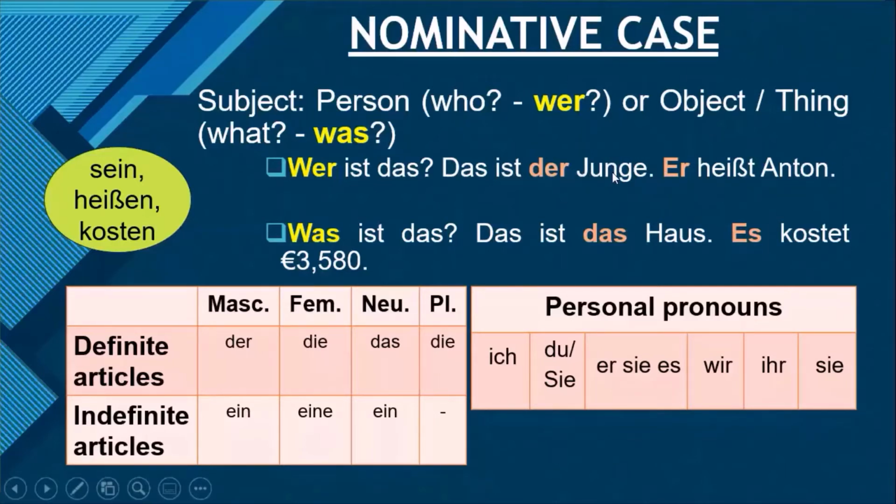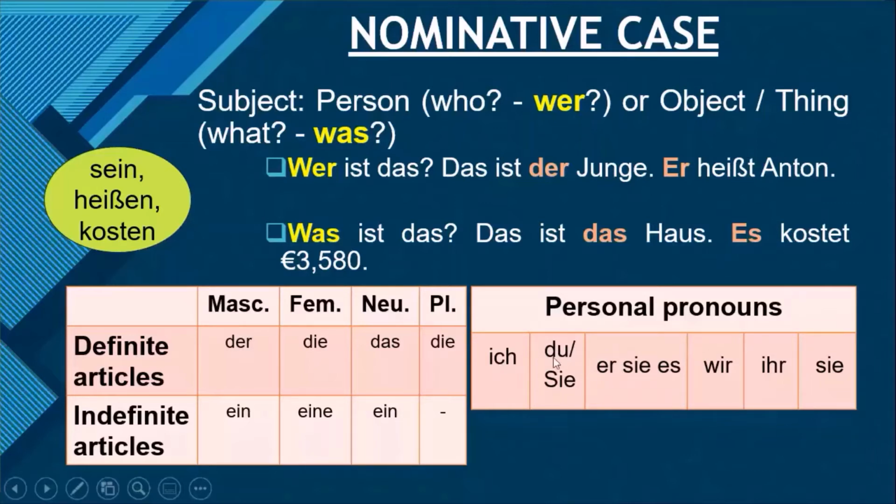So it is der Junge. Then if I want to say he is called Anton, that he is the personal pronoun, which is er.